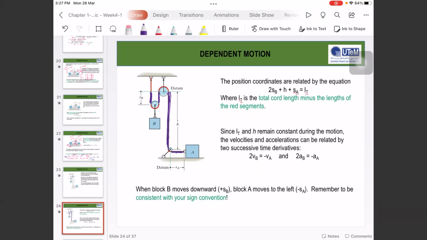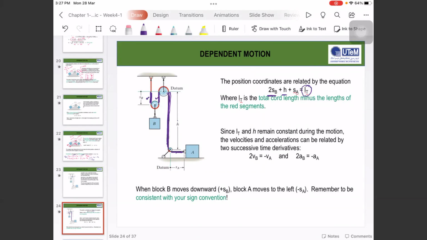Okay. So how many SB kita ada? Kita ada satu SB. We have 2 SB. So you have 2 SB plus H. Plus H yang ini. This H plus SA. Alright. Is equals to total length of the rope. Okay. Total length of the rope.